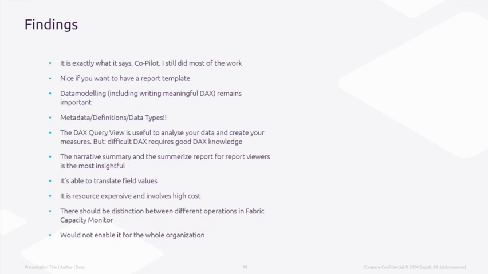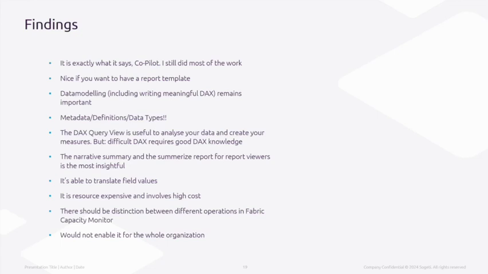Query view is useful, but difficult docs requires good DAX knowledge. Narrative summary is the most insightful, I think. Yeah, that looked very nice. It's able to translate field values. Interesting. It's resource expensive and involves high costs. And I feel like there should be a distinction between the different operations in the Fabric capacity monitoring, because I actually want to know what costs so much.